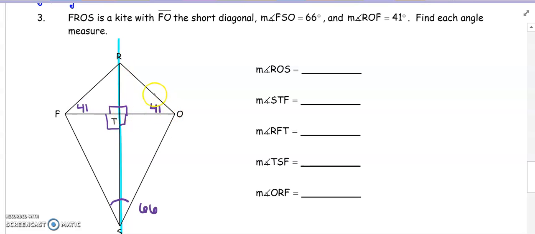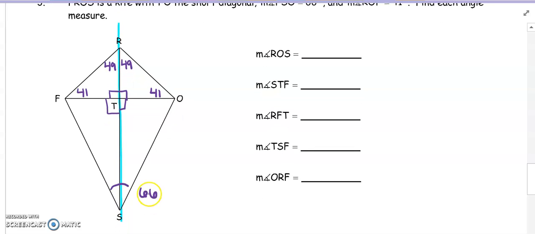We have 180 degrees in a triangle, so 180 minus 90 minus 41 gives me 49 on the right and 49 on the left. If I take a look at my 66, I have to break that in half to get 33 and 33. And then 180 minus 90 minus 33 gives me 57 and 57.